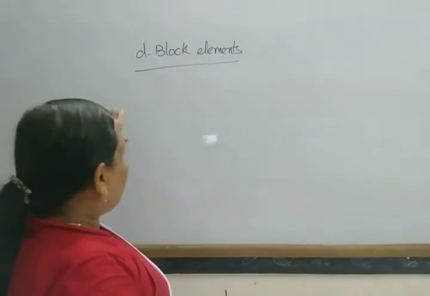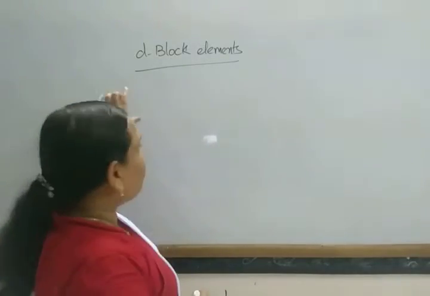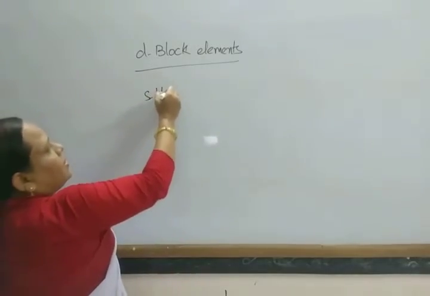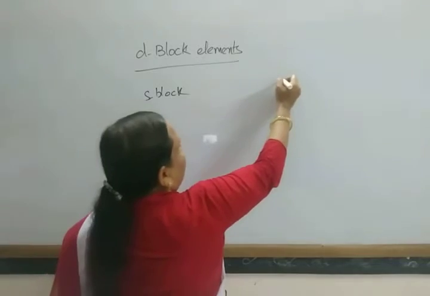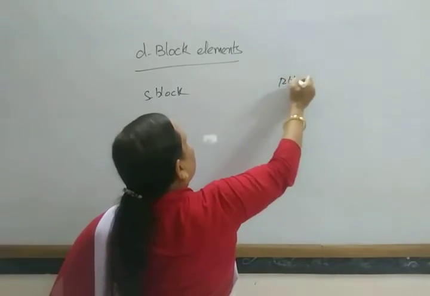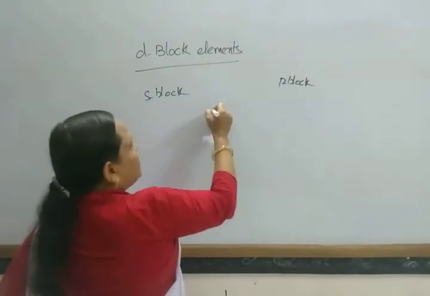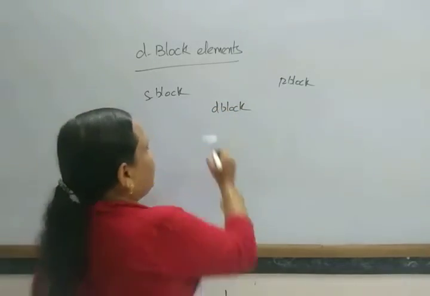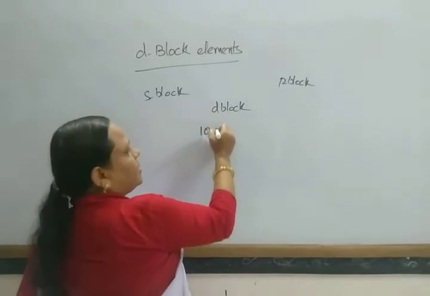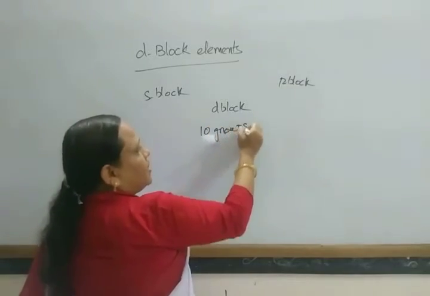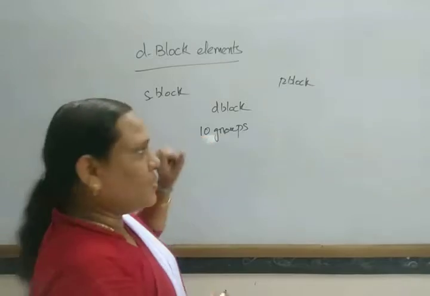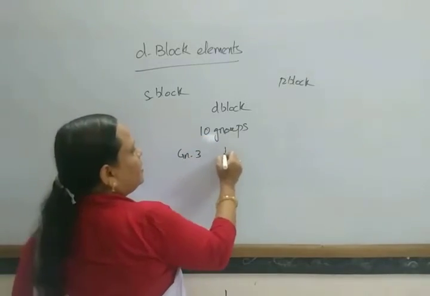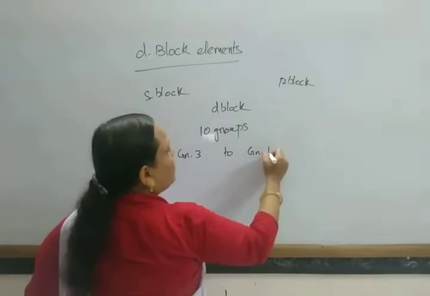groups. And the elements which are present between s block and p block are known as your d block elements. These d block elements consist of 10 groups, starting from group number 3 to group 12.